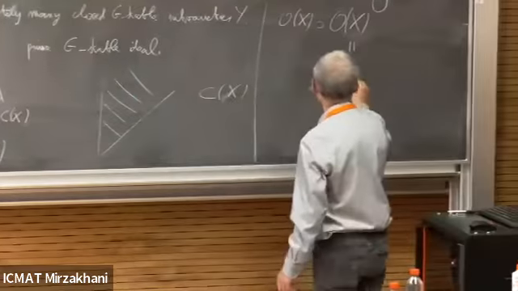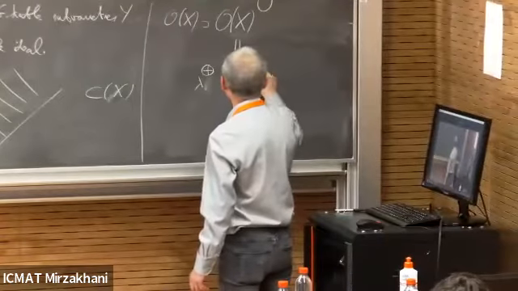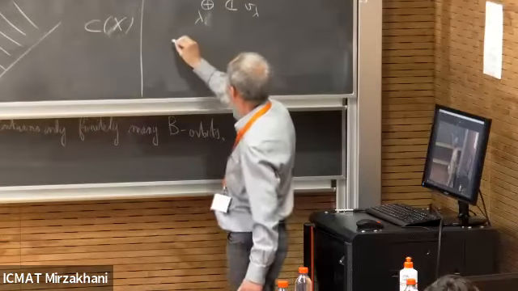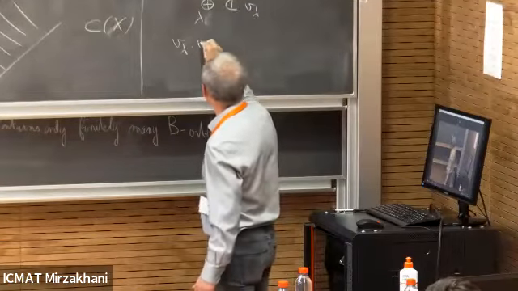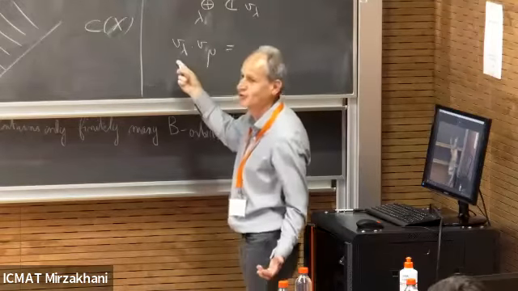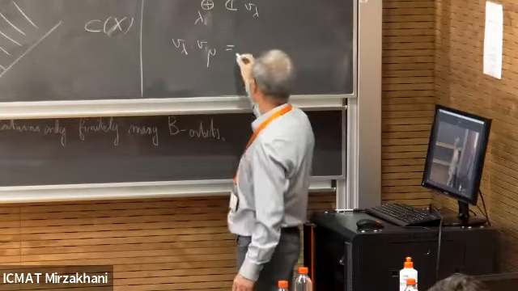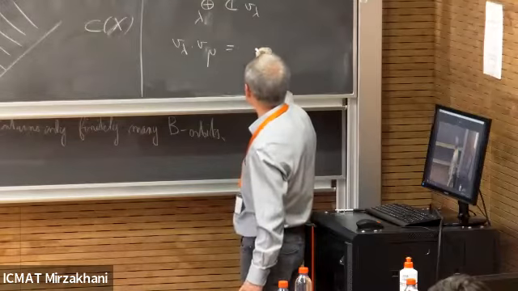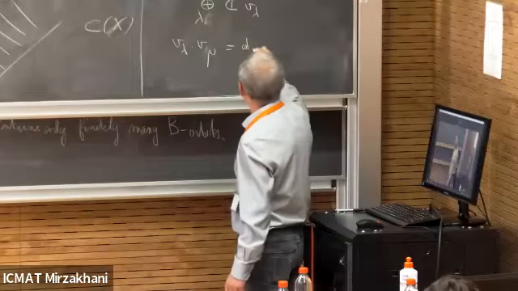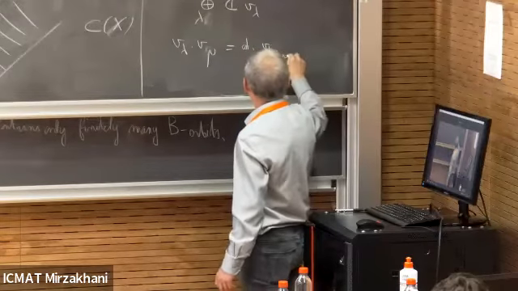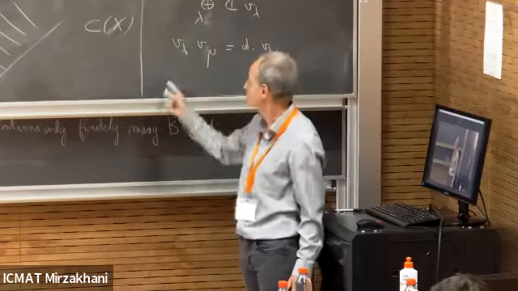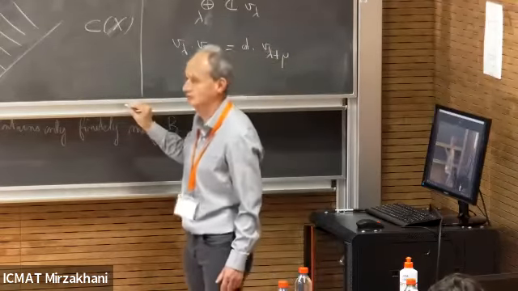Let me write it formally like this. And these V_λ multiply in a non-zero way, because you're in the coordinate ring of an affine variety. So you have a scalar times V_{λ+μ} by uniqueness of the highest weight vector. That's the reason why this argument works.